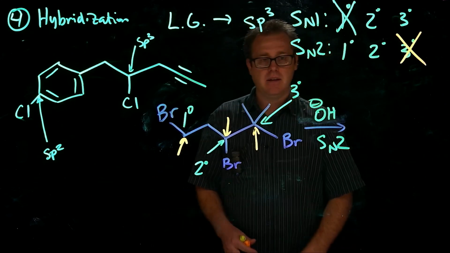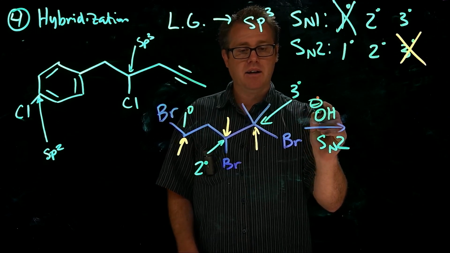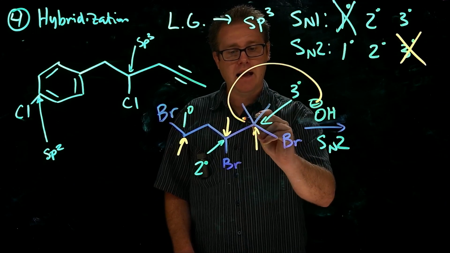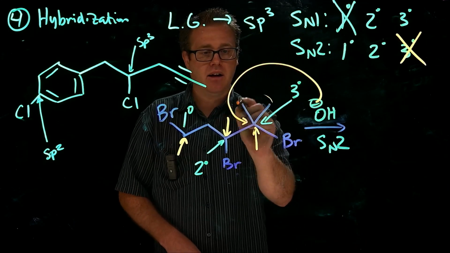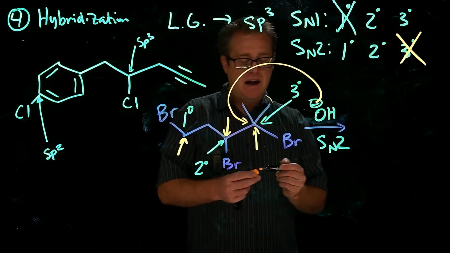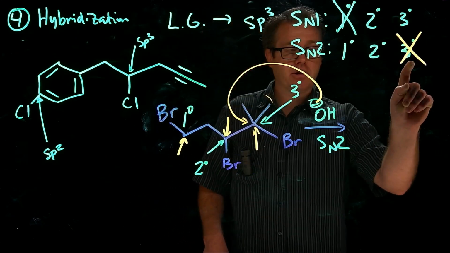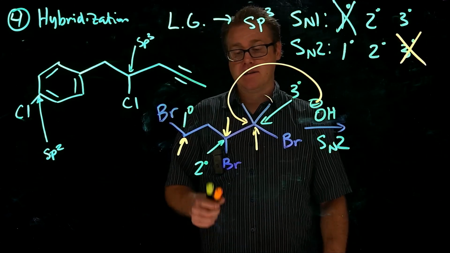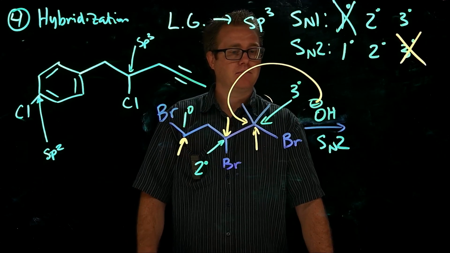Can't do it. And why is that? Because of the mechanism. The hydroxide here comes in backside attack. And if it tried to do backside attack here on that tertiary alkyl halide, the sterics would prevent that from happening. So you cannot have an SN2 mechanism on a tertiary alkyl halide due to sterics. But can that mechanism work for a secondary and a primary? Yes, it can.